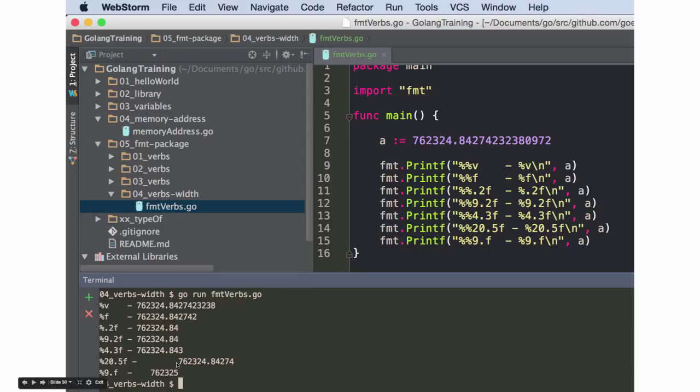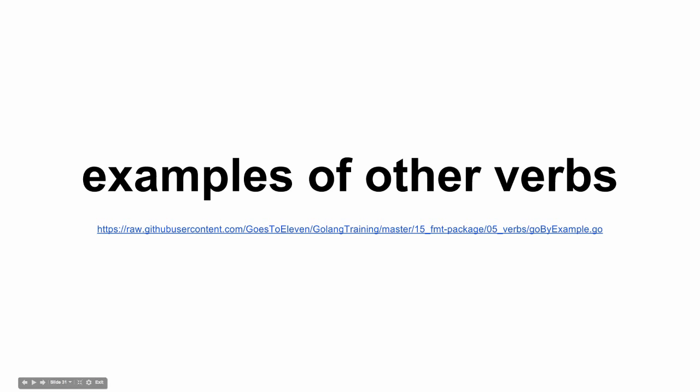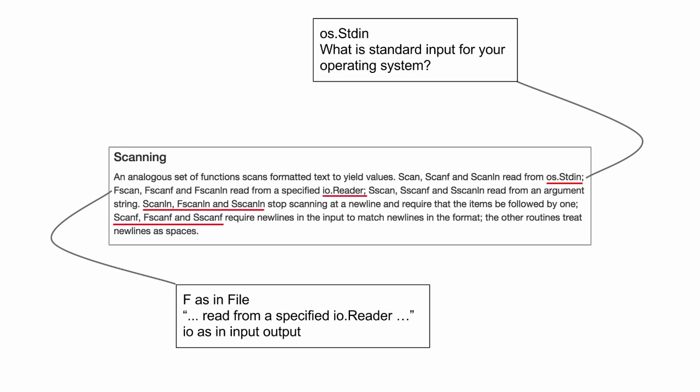You can see that happening here. Here I have a really big width, so it's made it 20 spaces, even though I'm maybe only using up 10 or 12 right there. And 5 decimal places: 1, 2, 3, 4, 5. Examples of other verbs can be found here, and they print out a lot of them.